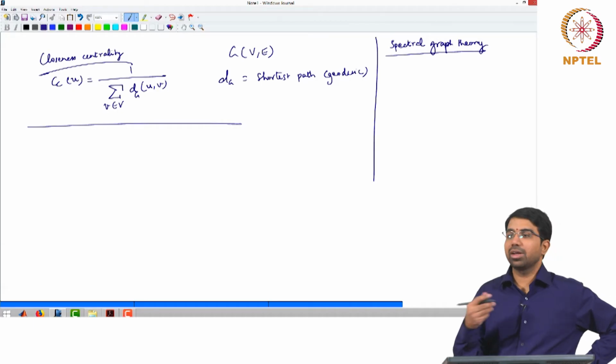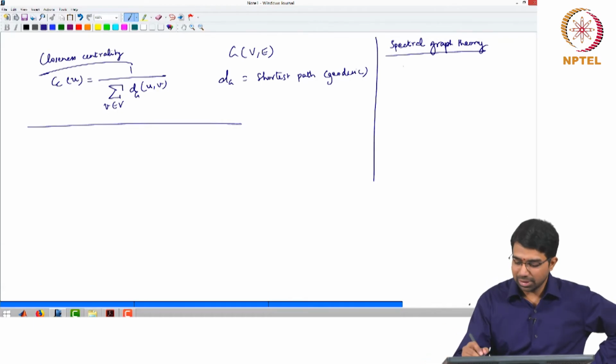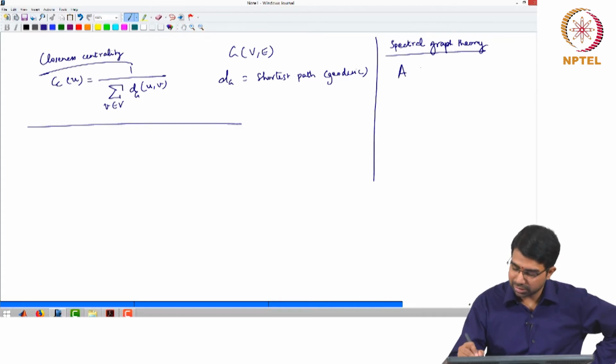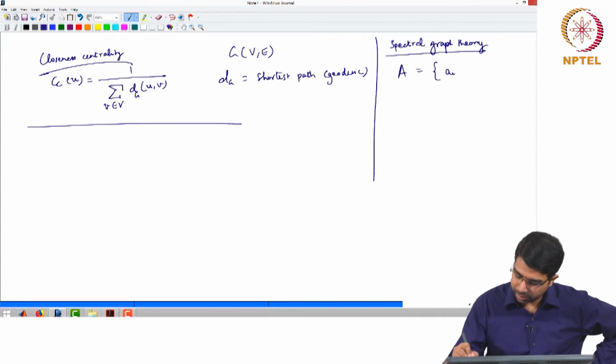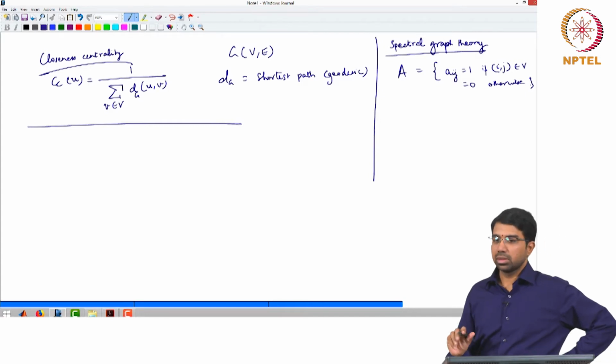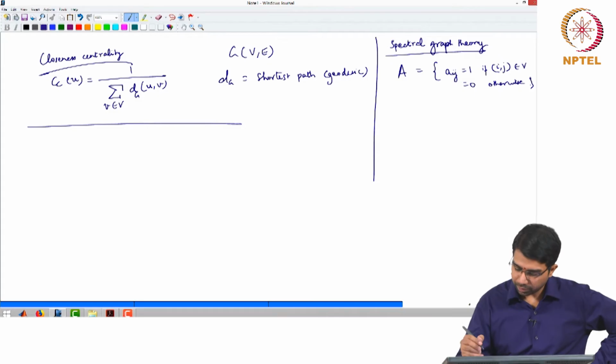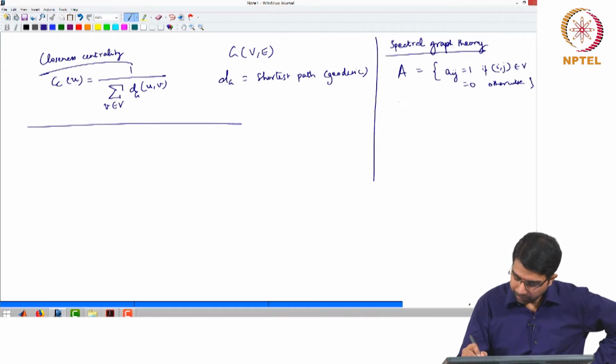You all know one very interesting matrix connected to graphs, which is the adjacency matrix. It could be weighted, whatever.